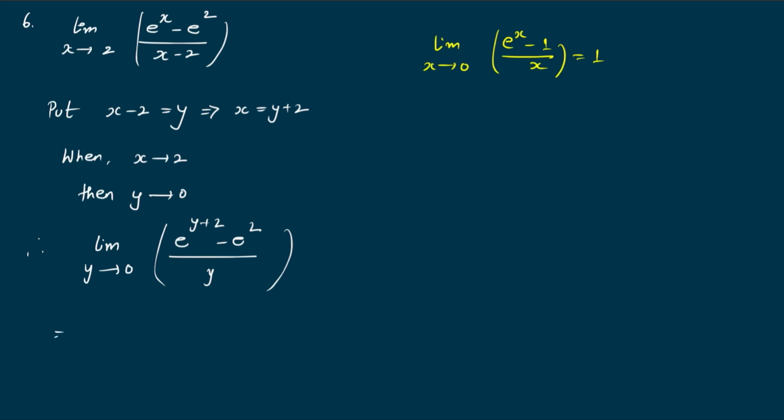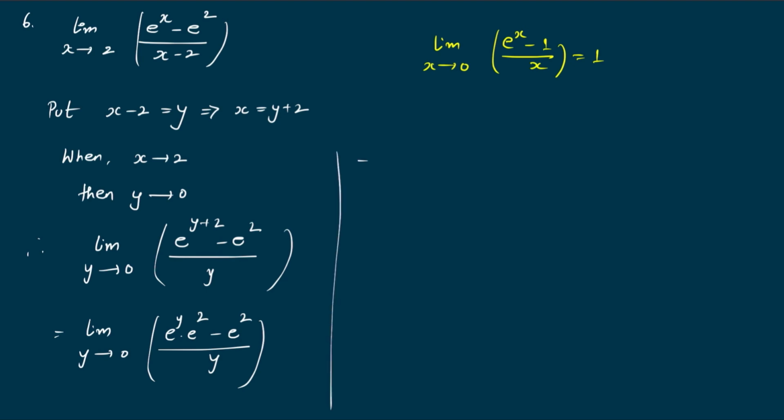In the question there was x, and in place of x I write y plus 2. So it will equal limit y tends to 0 of (e to the power y into e to the power 2 minus e to the power 2) by y, since we can write e to the power y plus 2 as e to the power y into e to the power 2. As you can see, in the numerator we have e squared as common. We will get (e to the power y minus 1) by y.